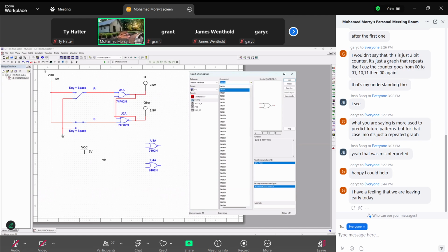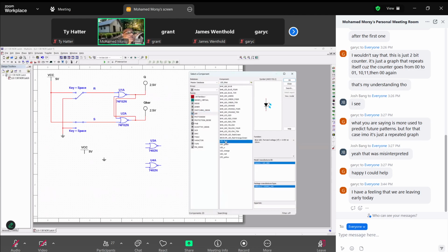Then we need the light. So the light, if you click on the diode or a LED, you can get these LEDs here. You can use this, or you need lamps here, so you can go to basic.